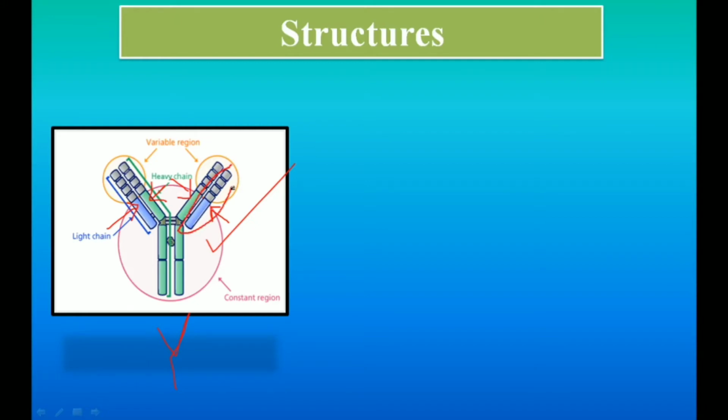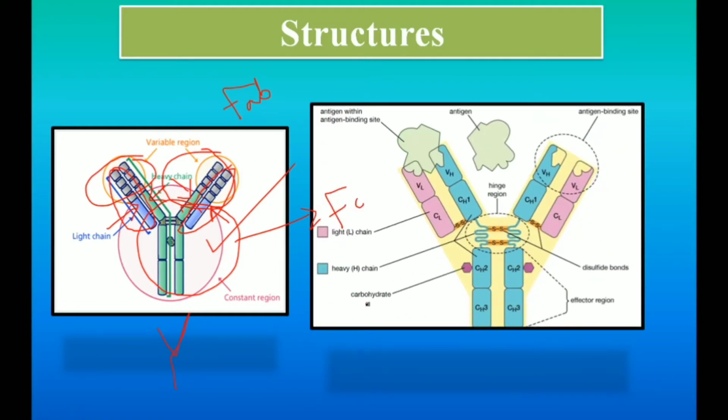And these heavy chains and light chains are divided into two different regions. One is known as the variable region, denoted by FAB region, and the other is known as the constant region, denoted by FC. And this variable region is used for the interaction with the antigen, and the constant region is used for the involvement of cell surface receptors of our immune system.